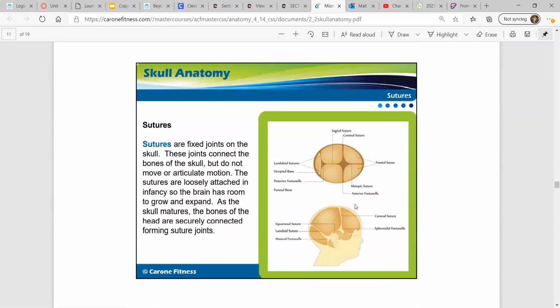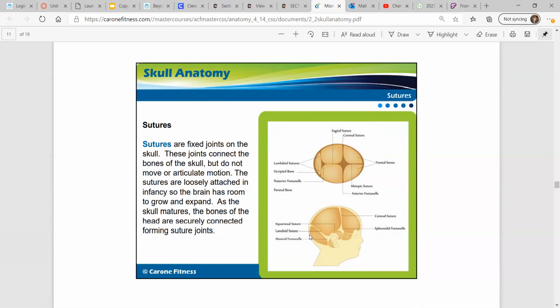Now, sutures are fixed joints on the skull. These joints connect the bones of the skull, but do not move or articulate motion. The sutures are loosely attached in infancy when you're very young, so the brain has room to grow and expand. As the skull matures, the bones of the head are securely connected, forming suture joints.